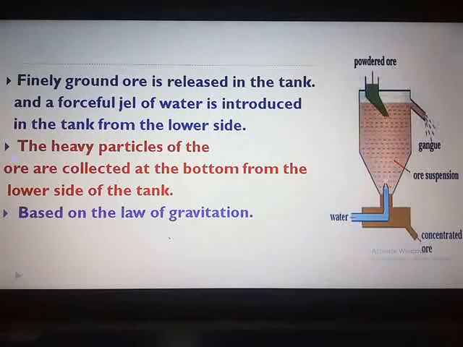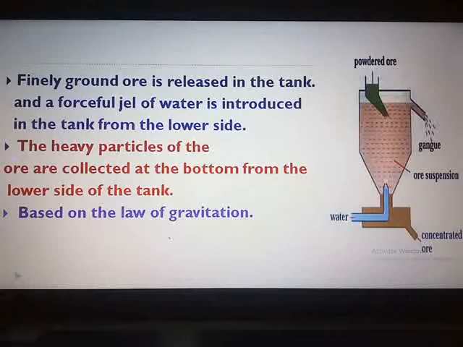In short, this method is based on the law of gravitation, wherein particles of the same size are separated by their weight with the help of water. So this is about the hydraulic separation method.